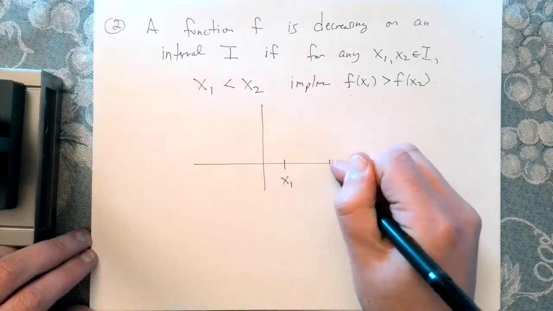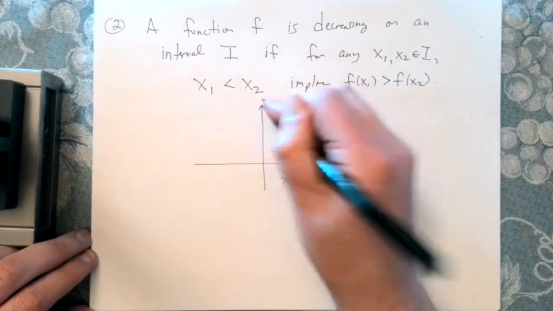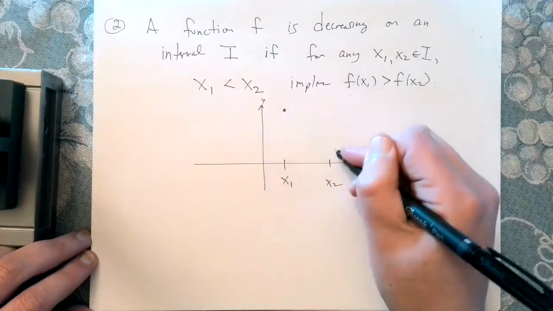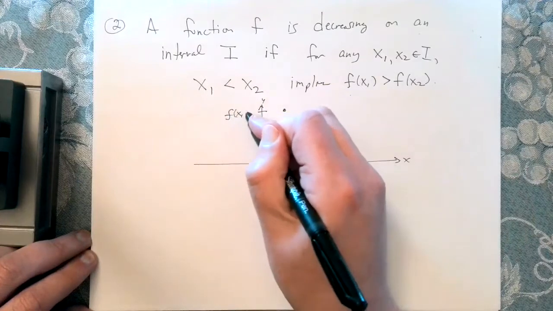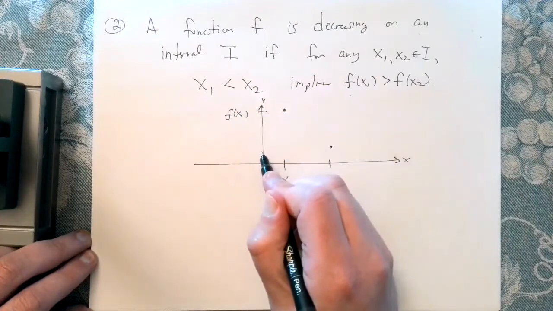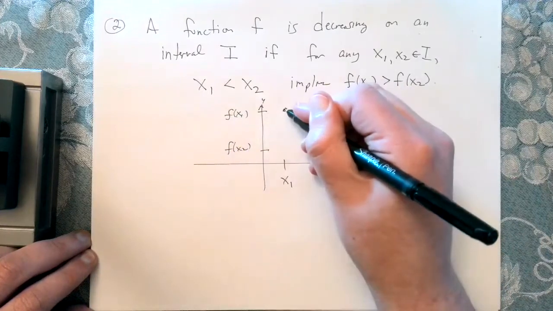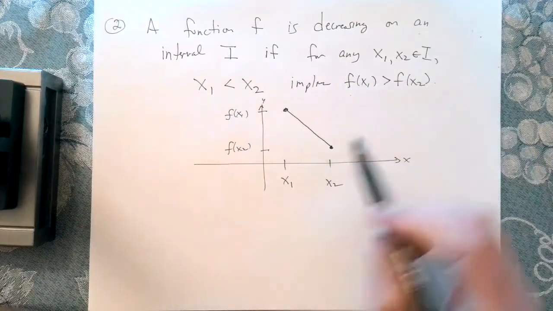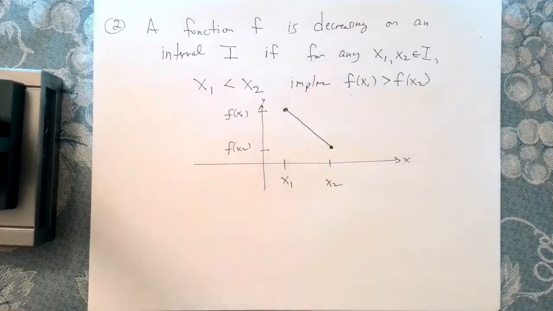So x1 strictly less than x2 implies that f of x1 is strictly larger than f of x2. And that makes sense. So this captures the notion of a function decreasing.